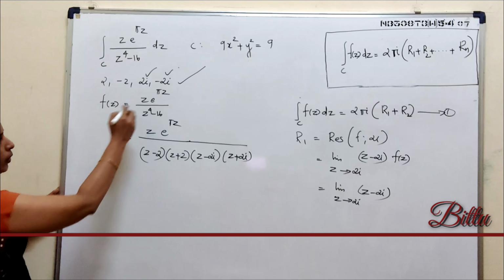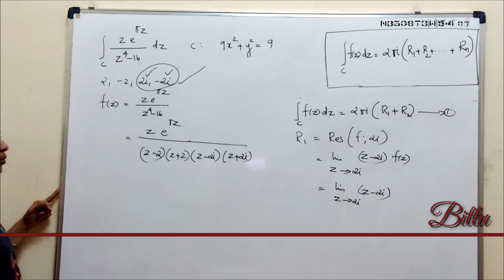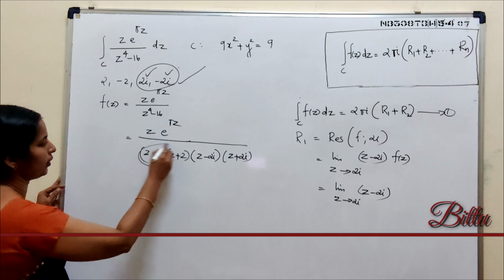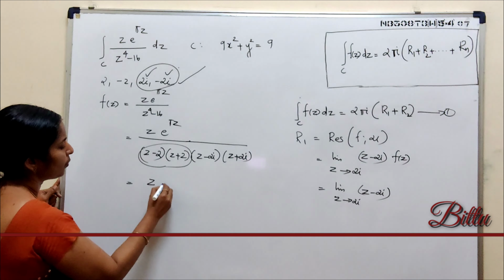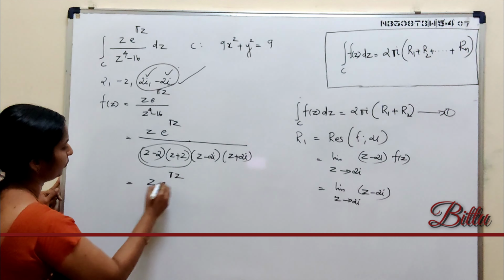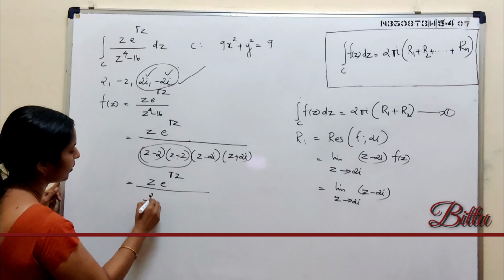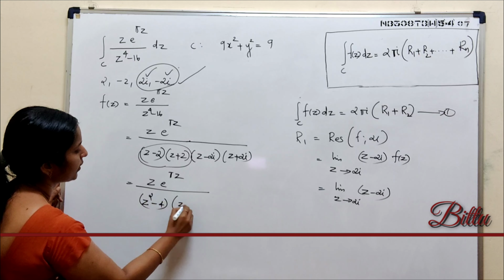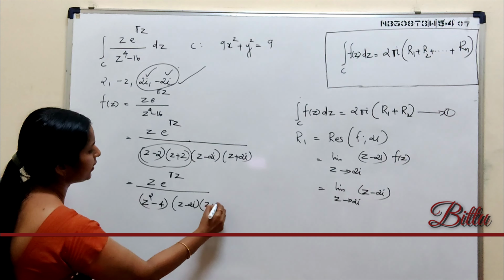Since the only poles within C are 2i and minus 2i, you can combine these two terms for smooth calculation of the limit. So this is z square minus 4 into z minus 2i into z plus 2i.